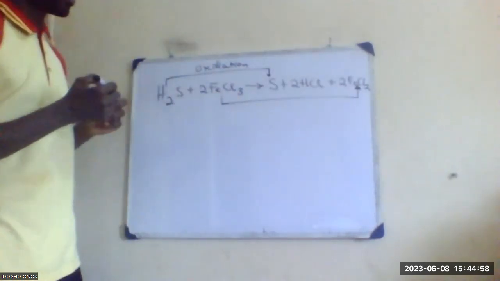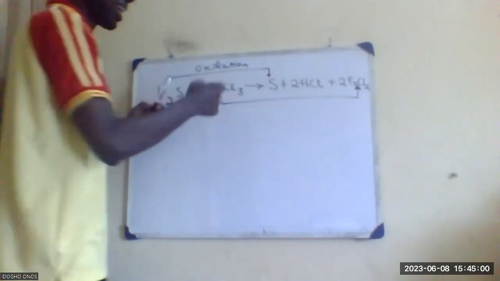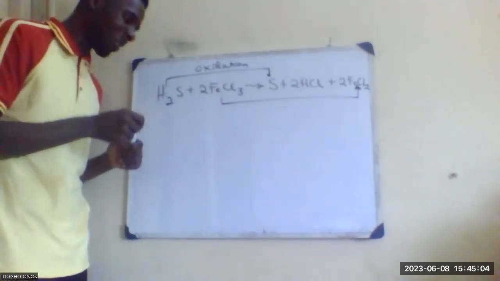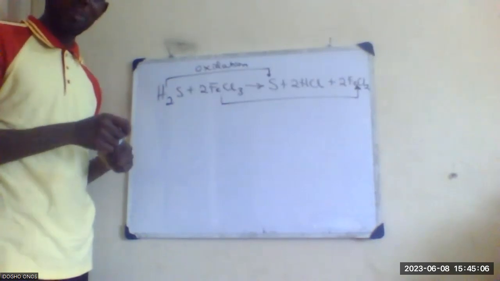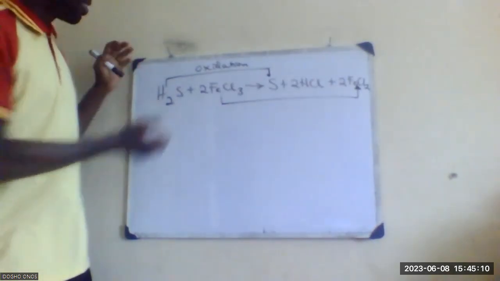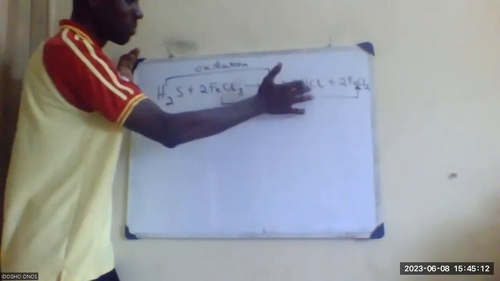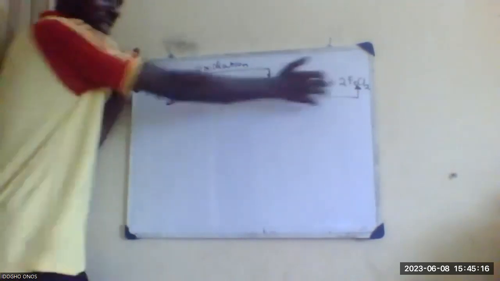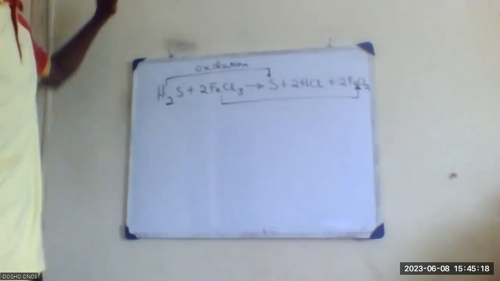You link it to 2HCl. Okay, I should link it to 2HCl. But I will not link it there. Why? Because I can't bring Cl here and bring my hydrogen here. No. Let's link it this way.